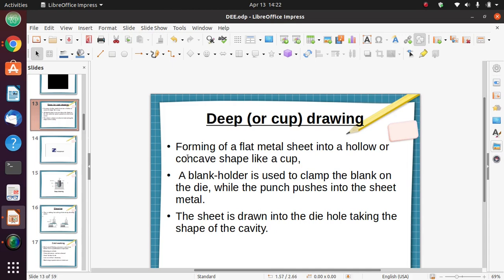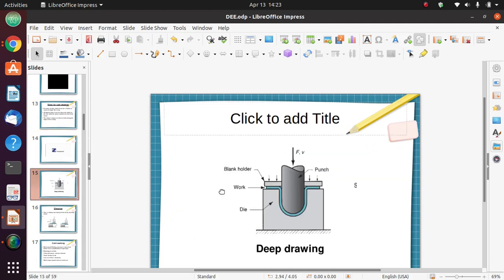Bottles, we will have a flat workpiece. You will use a die and push it into that cavity. This is what I mean. We'll have a flat workpiece. Then you will hold that workpiece using things known as blank holders, so that it does not slip, it has to be held tightly.